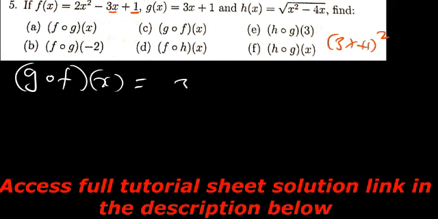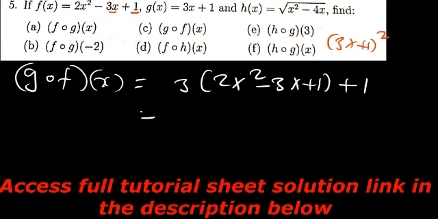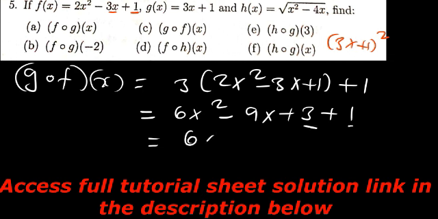So 3, where there is x, we put now 2x squared minus 3x plus 1, then plus 1. So this is going to be direct. 3 times this is going to be 6x squared, minus 3 times 3 is 9x, then plus 3 plus 1. So these two can be added. That is going to give me 4. So it's 6x squared minus 9x plus 4.